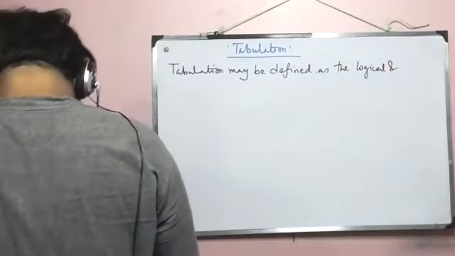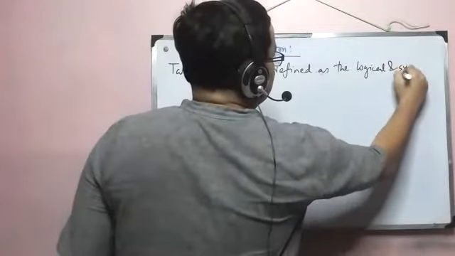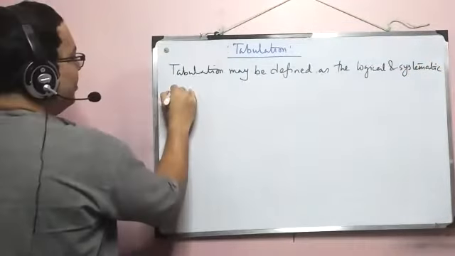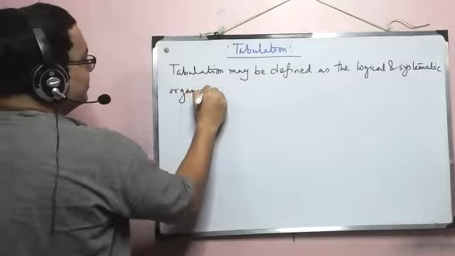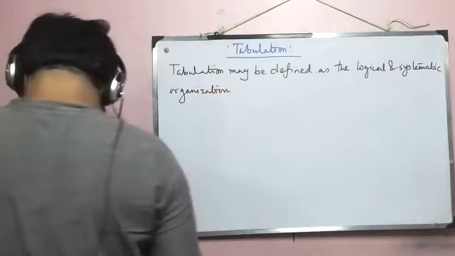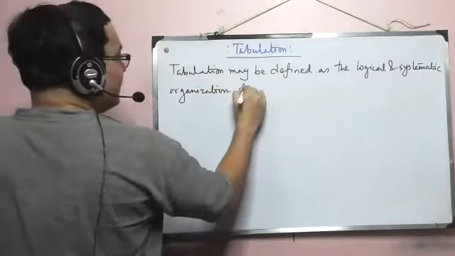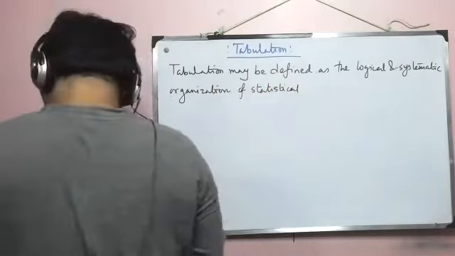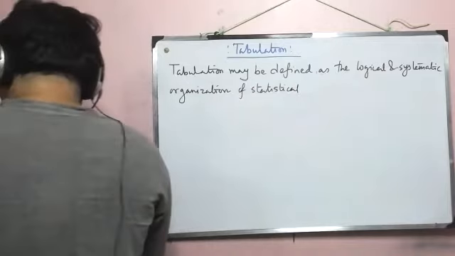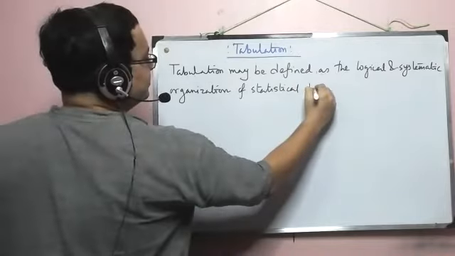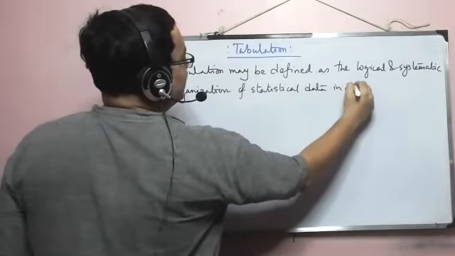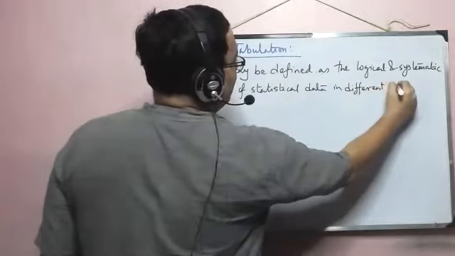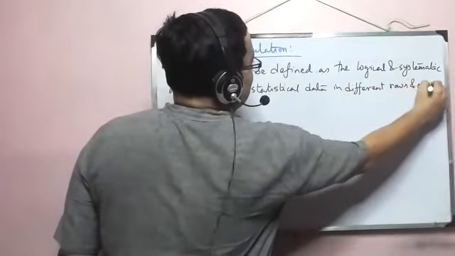So tabulation may be defined as the logical and systematic organization of statistical data in different rows and columns.